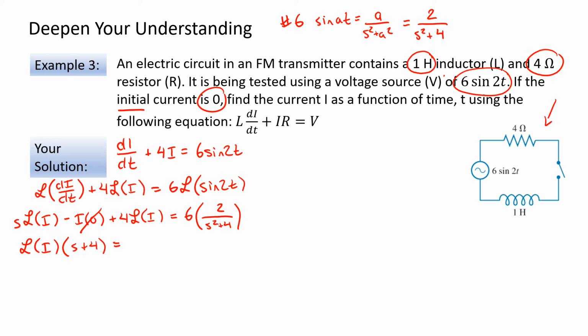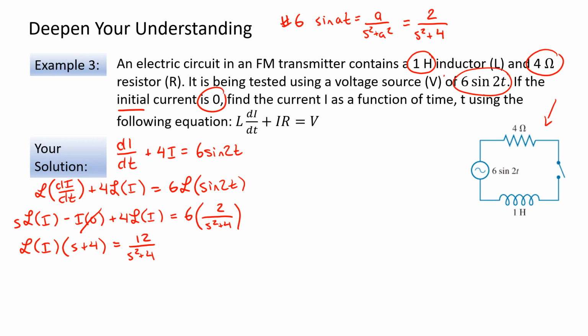On the right-hand side, we can multiply the 6 in if we choose to. I will multiply it in, and you'll see why we may have to take it out at the end. We have 12 divided by s squared plus 4.